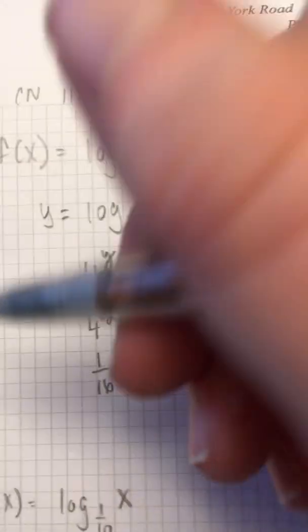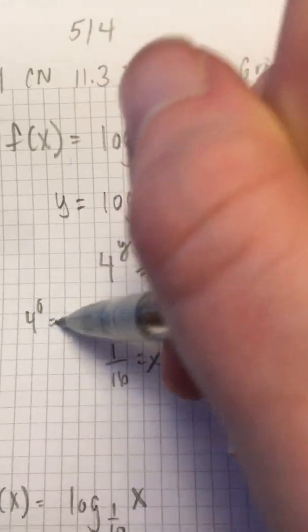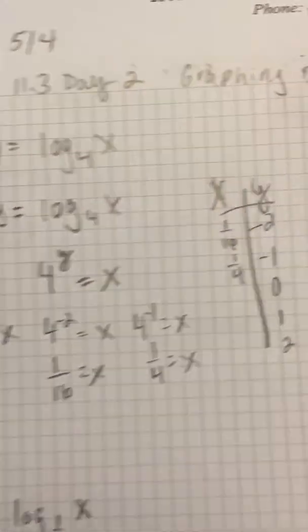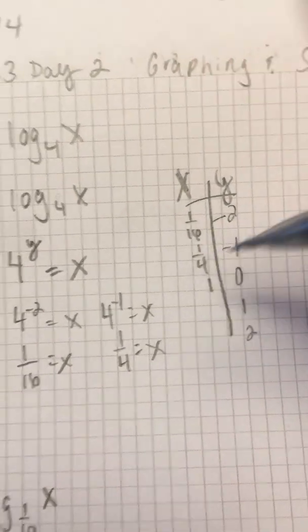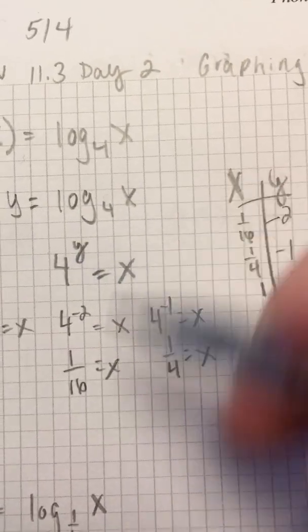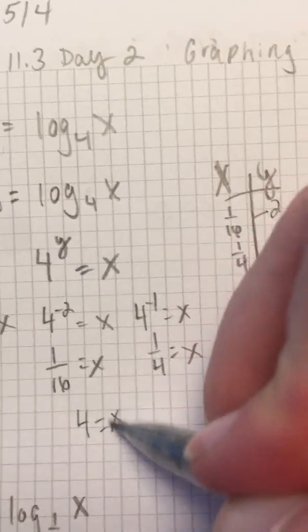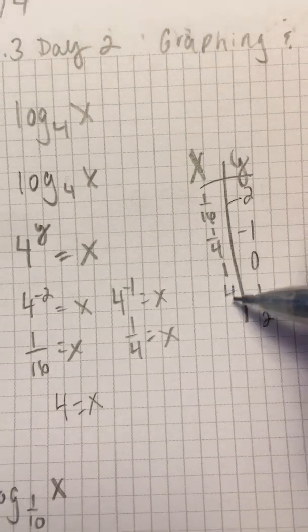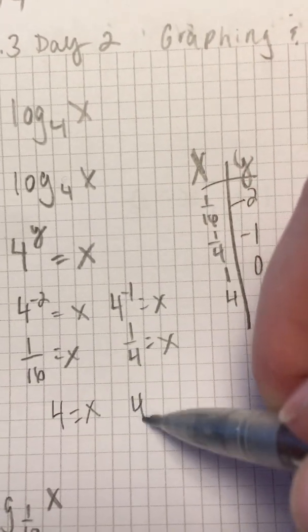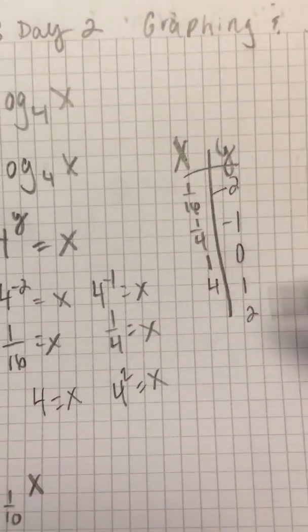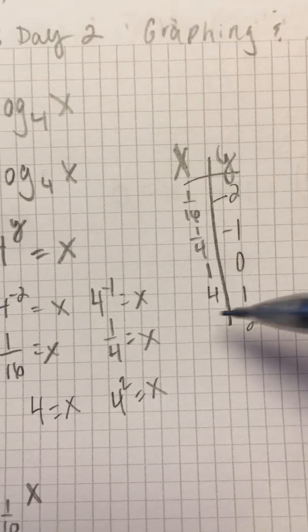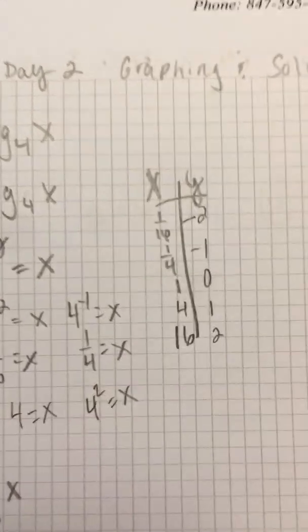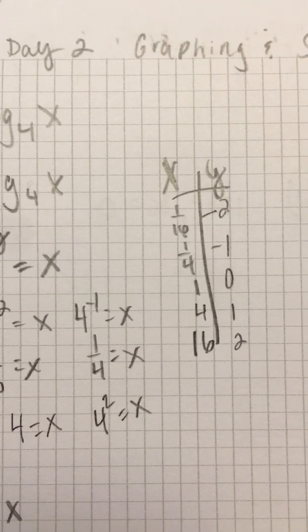When I plug in a 0, I'm going to get 4 to the 0 equals x. Anything to the 0 is 1. When I plug in a 1, I'm going to get 4 equals x. And when I plug in a 2, I'm going to get 4 squared equals x. So we're subbing in for y, we're picking the y values and figuring out what the x values are.